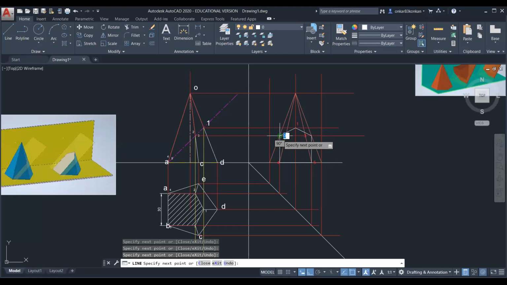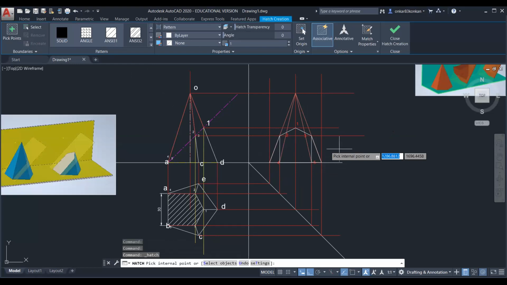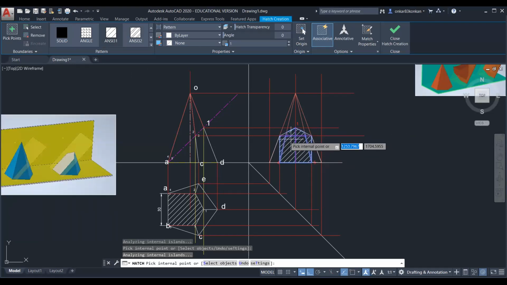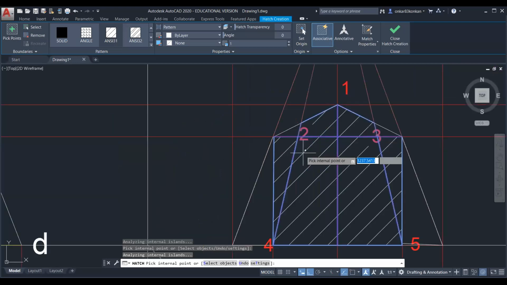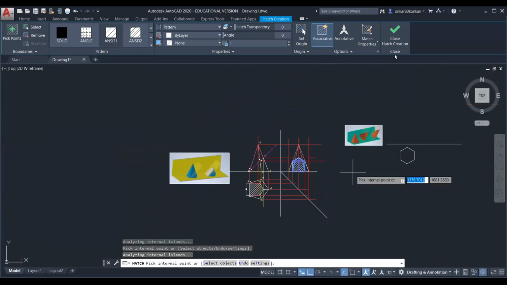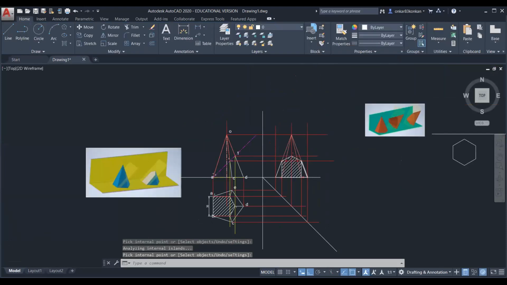Okay, so this is the side view for this section. So this is the complete sectional side view.